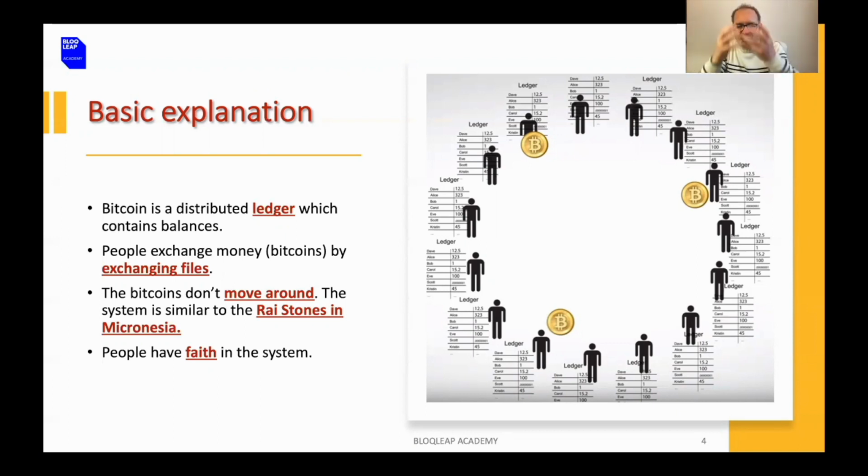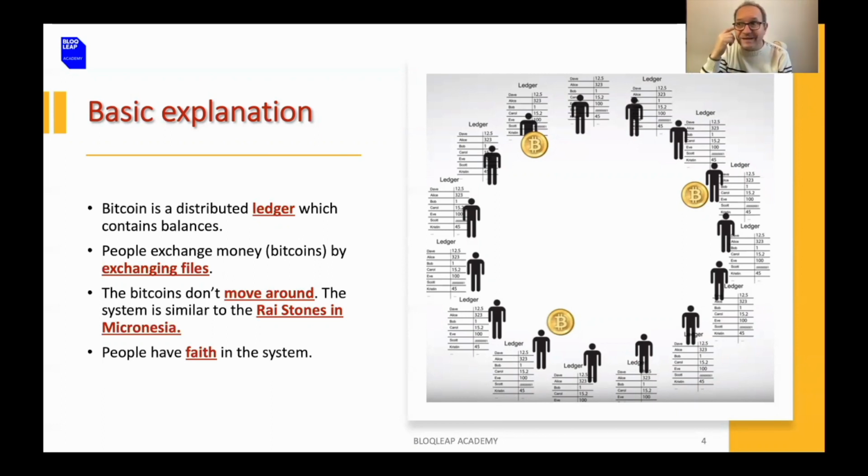So each time I use the old man, think of him as the algorithm. What's going on when I send you the Bitcoin? This old man is going to do a first job. He's going to say, oh wow, someone wants to send 1 Bitcoin to someone else.